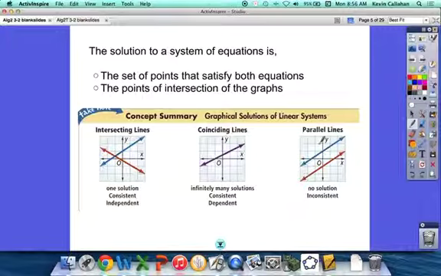No points on one line or on the other line, so no solution. And then if both equations actually represent the same line, that means one line is on top of the other. That means they have an infinite number of shared points. Those are the three possibilities, at least for straight lines. One solution, infinitely many solutions, no solutions. And we'll see what all three of those look like.